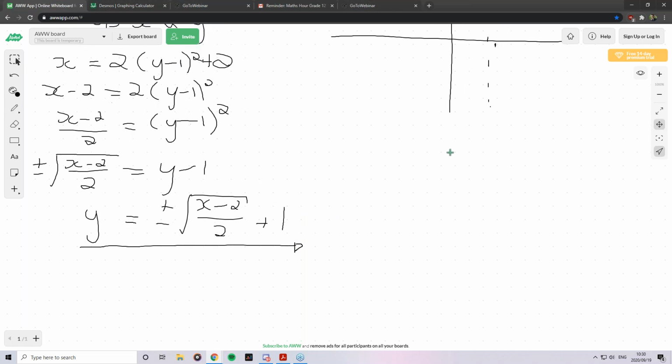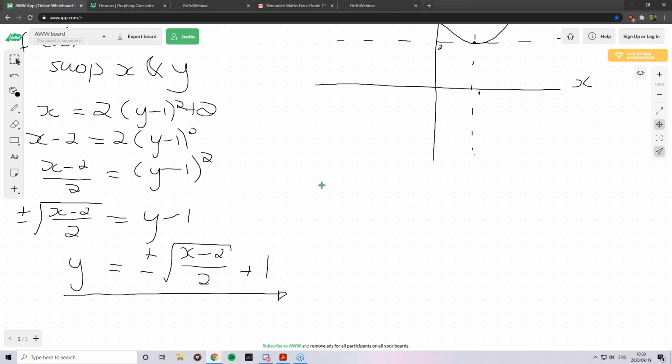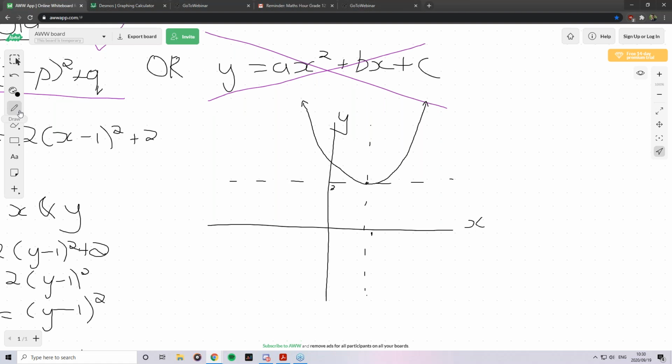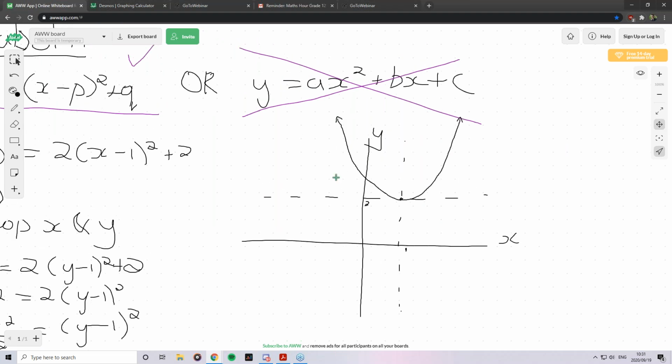Now if we want to graph this, I find it personally a lot easier, when graphing it, to use this information that we have here. Notice that this is going to be the point 1, 2.